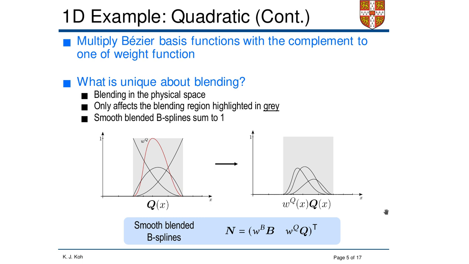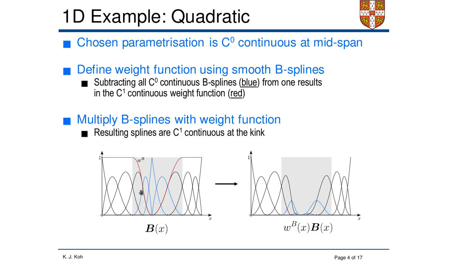So what is unique about this kind of blending? First, the blending is performed in the physical space. Second, you can see that the blending actually only affects the blending region highlighted in gray color here. So what this means is that outside the gray box here, the SB-splines actually reduce to B-splines.